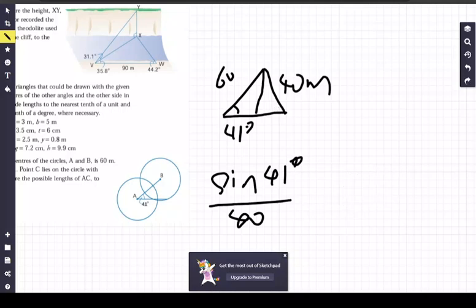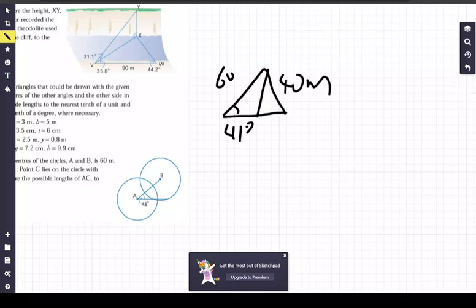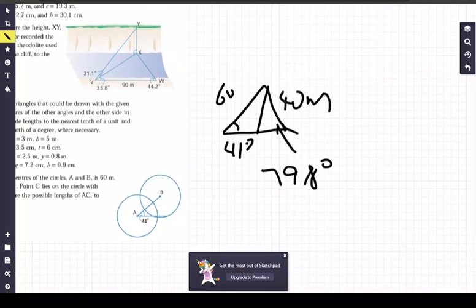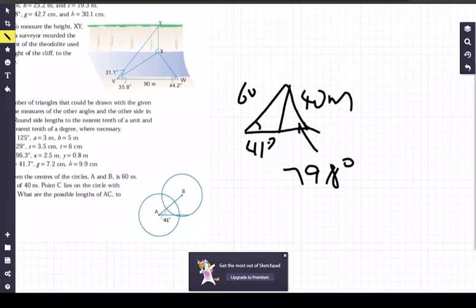79.7654. So I'm just going to round that to 79.8. That's right here. So we're trying to find the value of this entire thing.